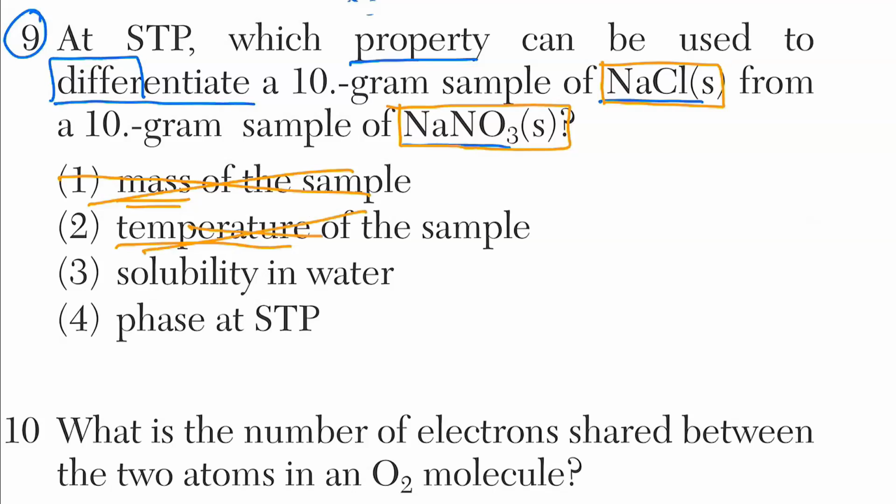Solubility, well, that is a property that is unique to each compound. And solubility is the ability of the water, the solvent, to dissolve a certain amount of each of these compounds. If one can actually dissolve in a greater amount with the same amount of water at the same temperature, it is more soluble.